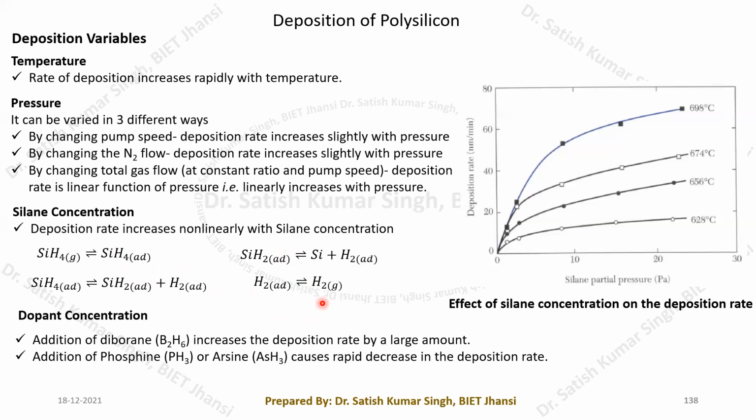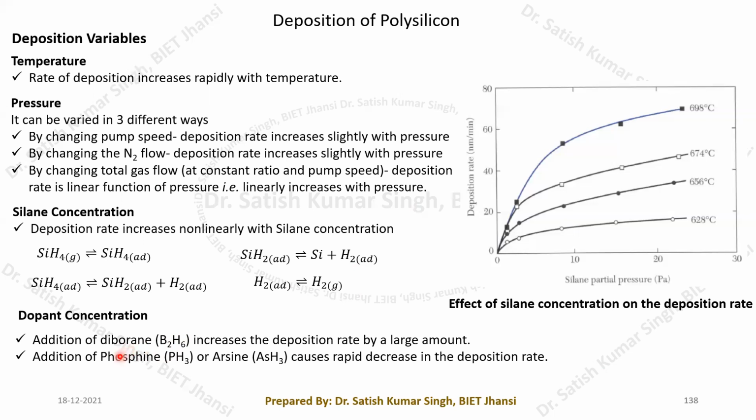If you want to add any dopant to vary the conductivity of your polysilicon, normally we add boron by using diborane. So you can add the diborane so that boron can be incorporated into the polysilicon.